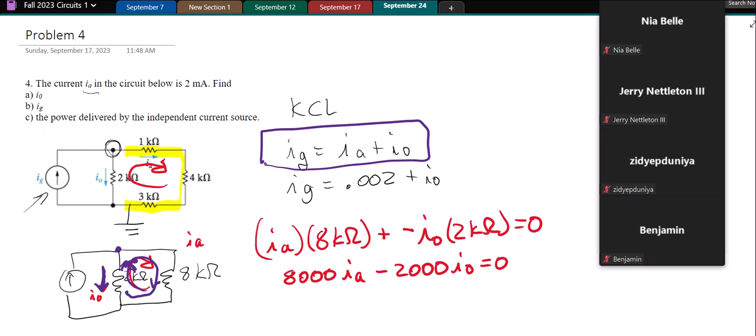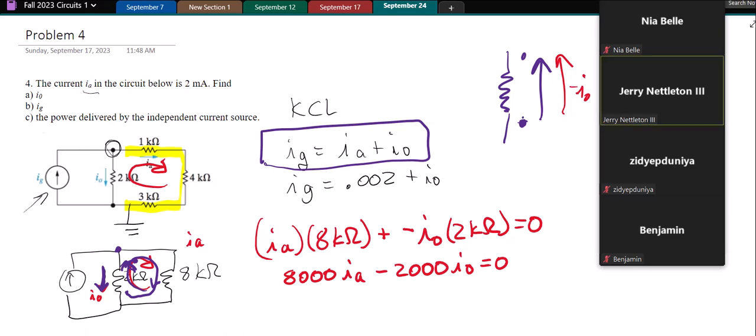So what I'm saying in my KVL is, what is my voltage change going from this bottom part to the top part? That would be the current going in that direction times the resistance. Well, I don't have labeled the current going in that direction. I have labeled the current going in the other direction. The current going in that direction is negative I0. And that's why I made it negative here.